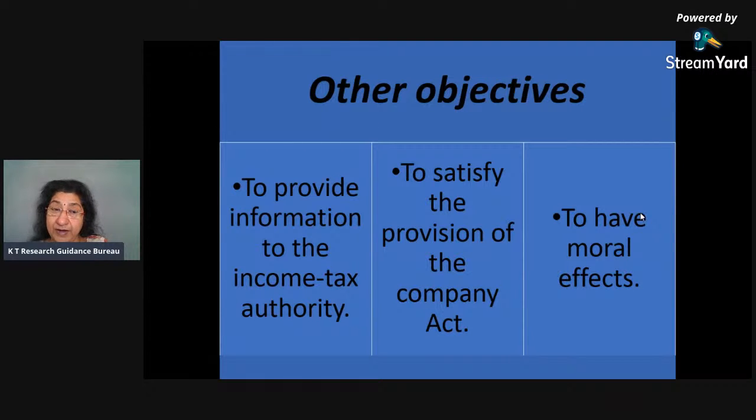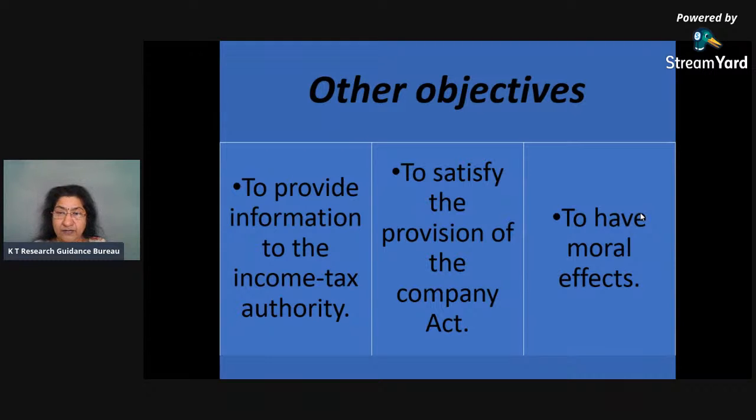They have to pay advance tax also. So this is one of the objectives, and it is another objective, but it is important for all. Second is to satisfy the provision of the Company Act. It is compulsory. In the Company Act, it is clearly mentioned that to audit the report is compulsory. So they have no option.